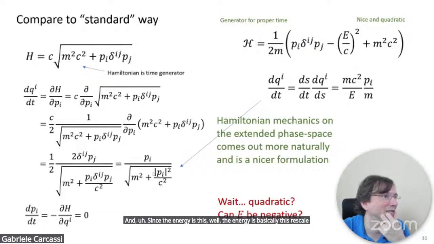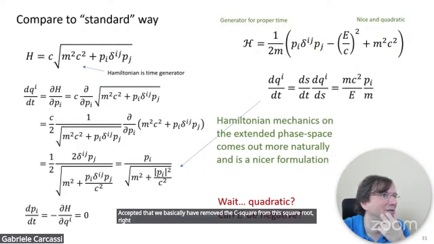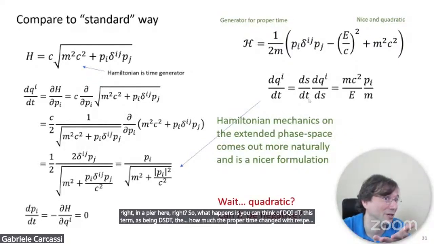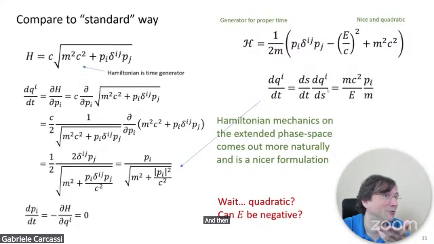This square root is the same square root, except that we have removed the c squared from this square root, and it appears here, right? So you can think of dq_i/dt, this term, as being ds/dt, how much the proper time changed with respect to t, the parameterization change in t, and then dq over ds.